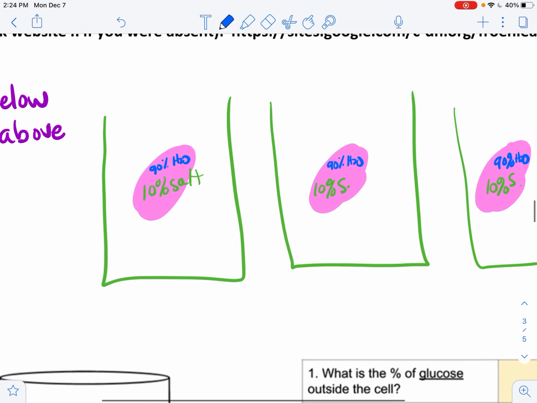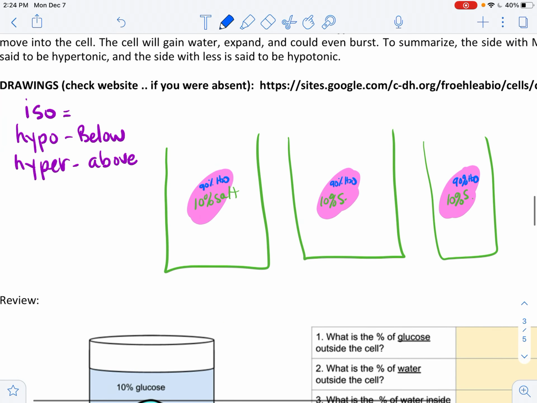Now, we're going to use 3 different solutions. So iso means equal, hypo means below. And in this case, we mean that the solute concentration is below. I'll explain that in a second. And hyper means above. Like if somebody's hyperactive, they're very, very active.